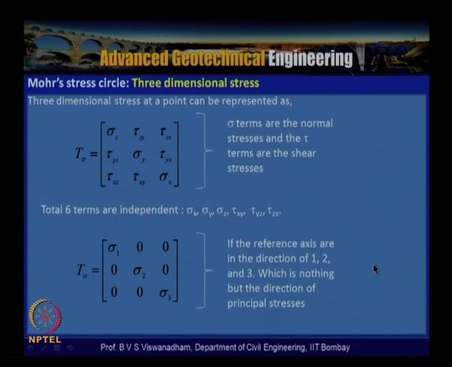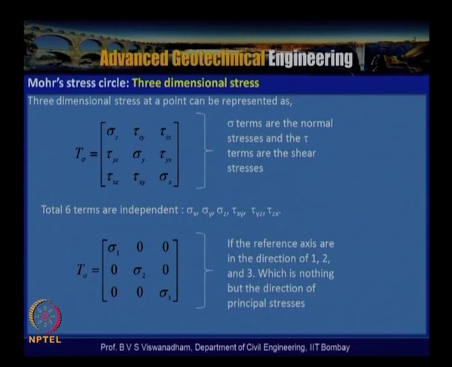These are represented in matrix form like this. The 3-dimensional stress at a point can be represented as sigma equal to the matrix with sigma x, tau xy, tau zx in the first row, tau yz, sigma y, tau yx in the next, and tau xz, tau xy and sigma x. Sigma terms are the normal stresses and tau terms are the shear stresses.